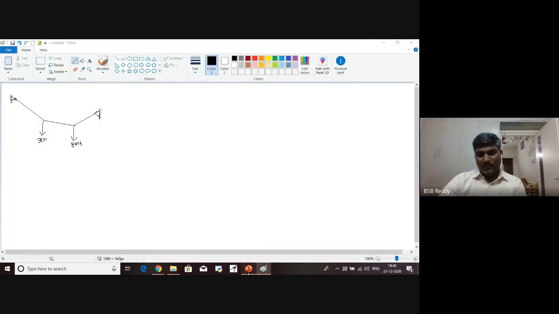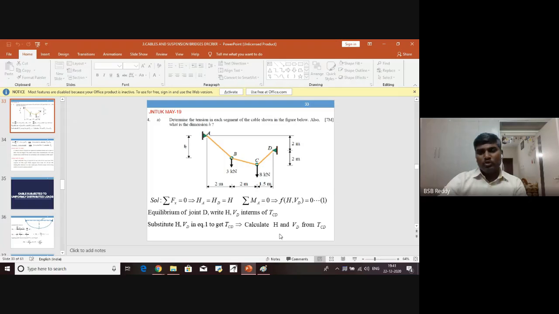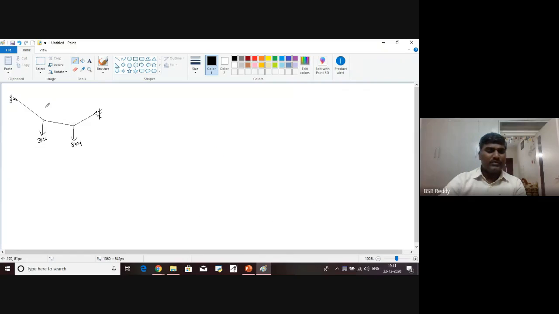The geometry is 2 meters and 2 meters. Here you see this horizontal line, and this line denotes this distance, and then the other one.